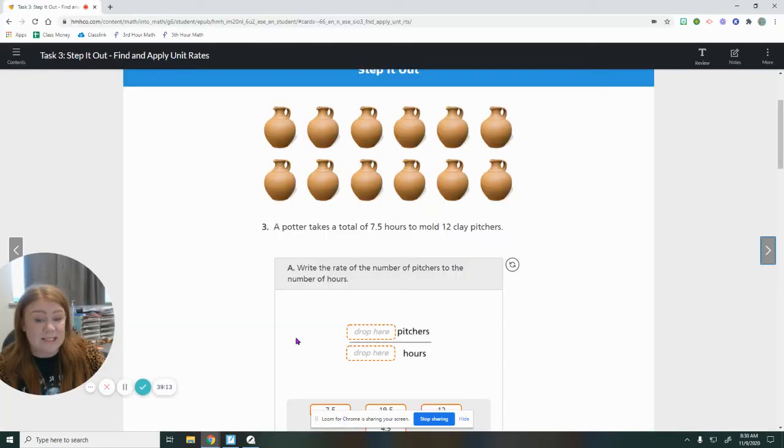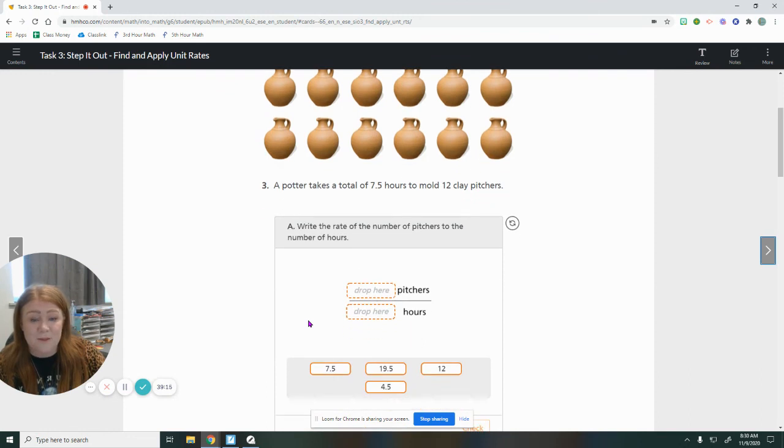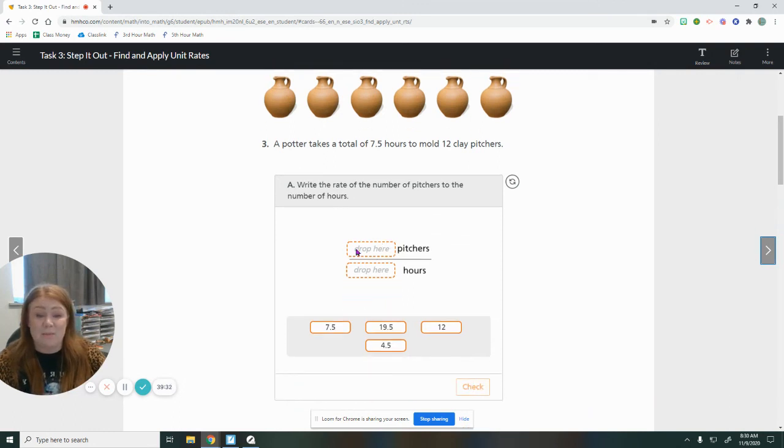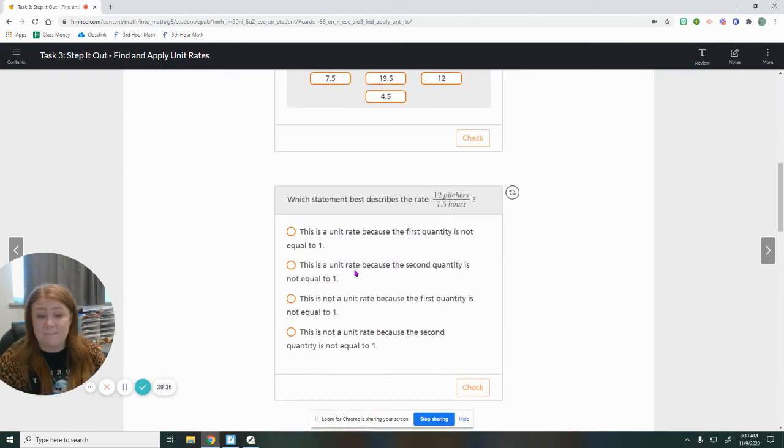Okay, so let's go ahead and look at task 3 here. I know this is kind of a long lesson, but there's a lot of information and it's stuff you're going to use, and you need to know how to find a unit rate so that you can make sure you're saving yourself money when you're at the store, getting the best deals, that you're not getting ripped off, and things like that. So remember, pitchers divided by hours because we want to know per hour.